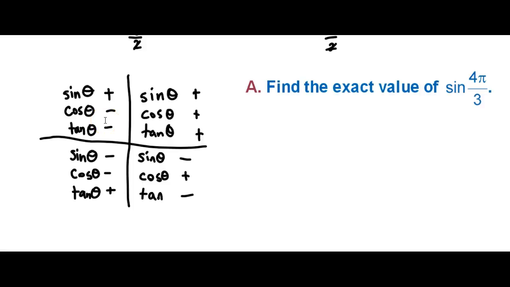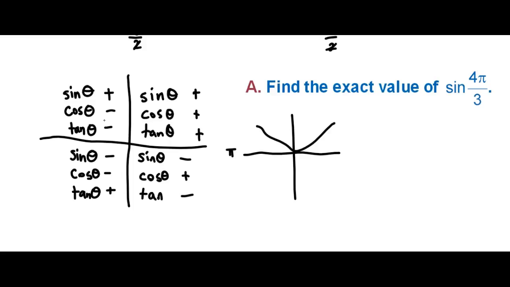So let's see if we can use this information to find the exact value of sine of 4 pi over 3. If I were to sketch that angle out, if you divide your pi up into thirds, it might look something like this, where you have 1/3, 2/3, 3/3.